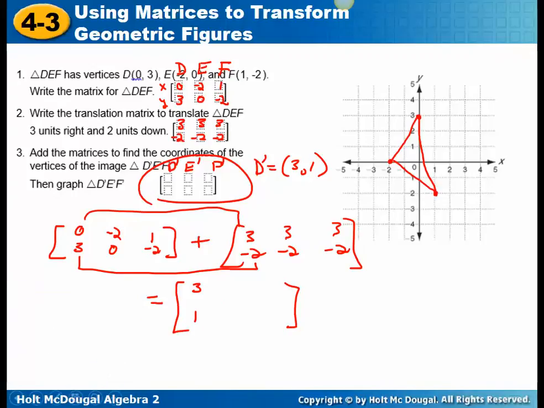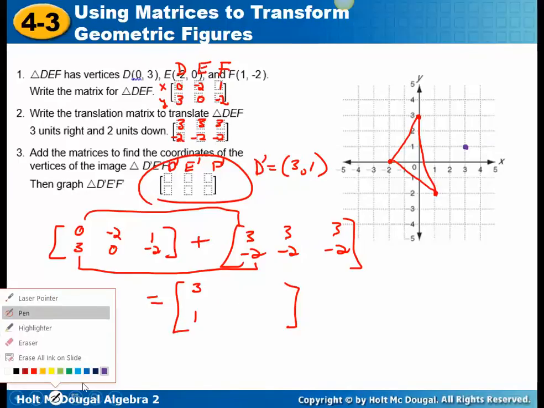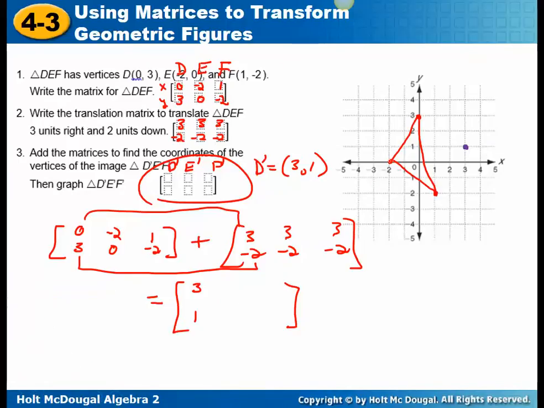So D prime is going to be at 3, 1. I'll do the first one. So 3, 1 is at 1, 2, 3, and up 1. D was at 0, 3. E was at -2, 0. And F was at 1, -2. So I'm using purple for my image after the translation.